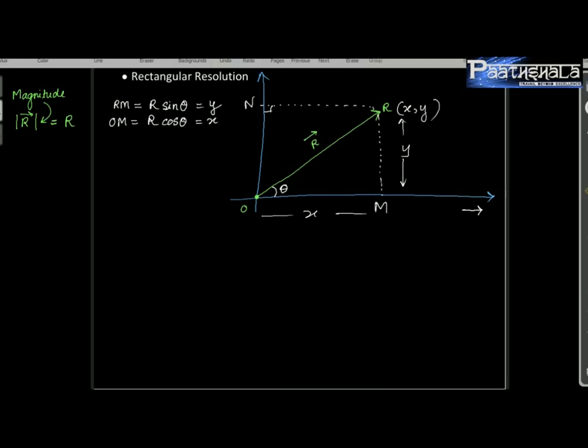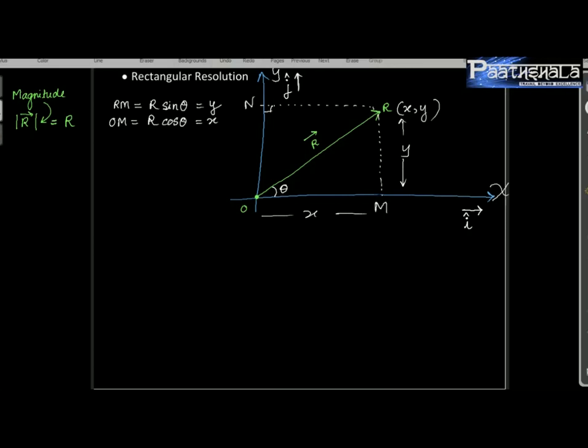Using unit vectors, we can represent any point in two-dimensional space as a vector having a component along the x-axis and a component along the y-axis. The unit vector along the x-axis is denoted by i cap, and the unit vector along the y-axis is denoted by j cap, or also sometimes called j hat.